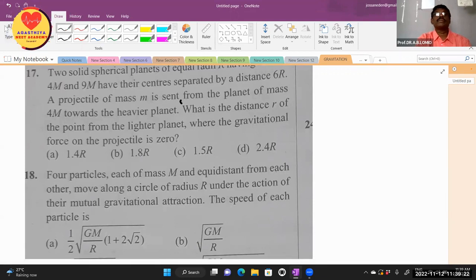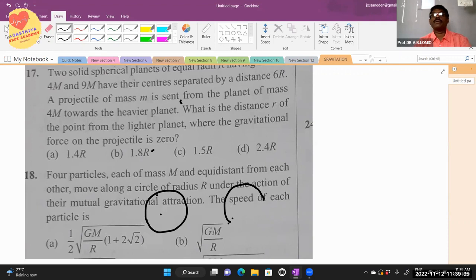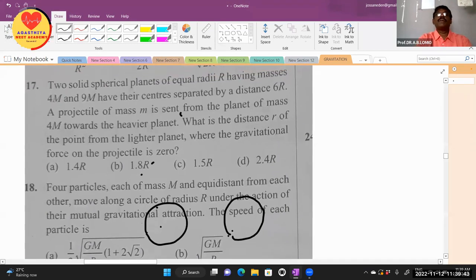Sorry for delay. Consider two solid spherical planets.